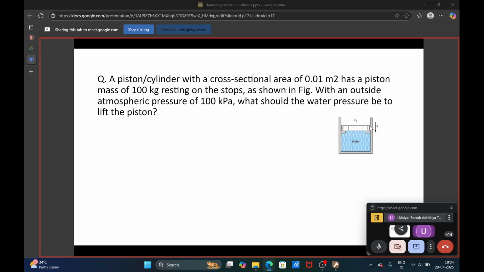So you have a piston here of 100 kg, with a cross sectional area of 0.01 meter square, resting at the top. There is an outside atmospheric pressure of 100 kilopascal acting on this piston. So what should the water pressure be to lift the piston? What do you think the pressure of the water should be?